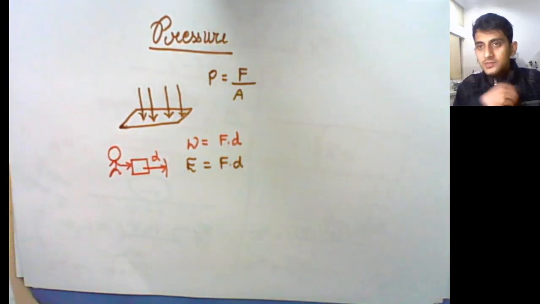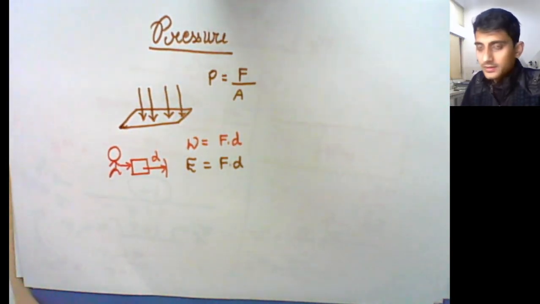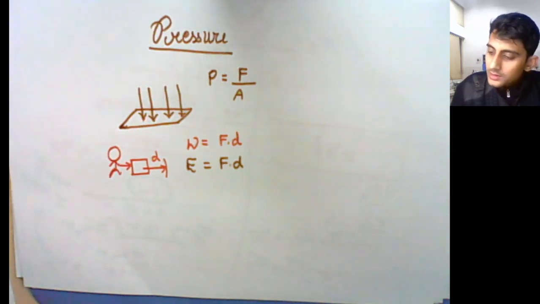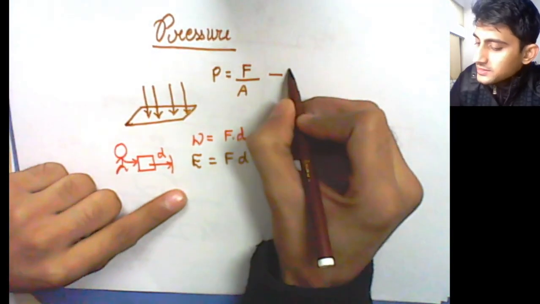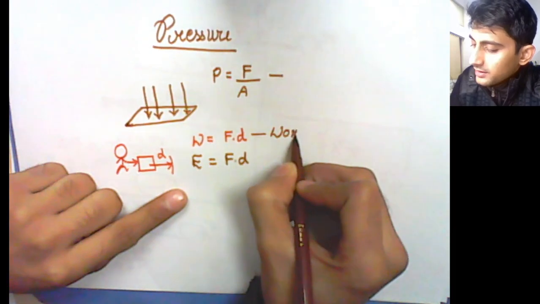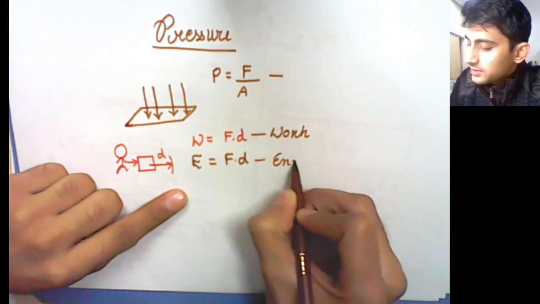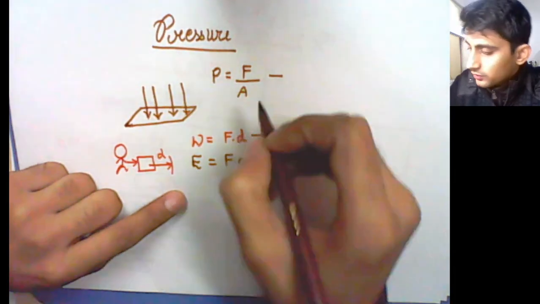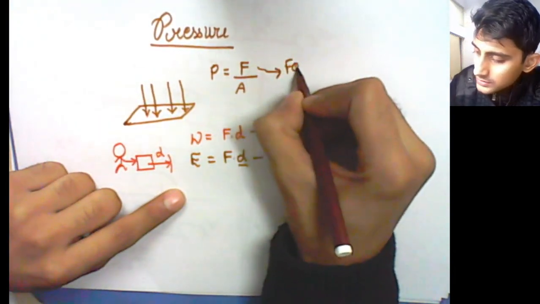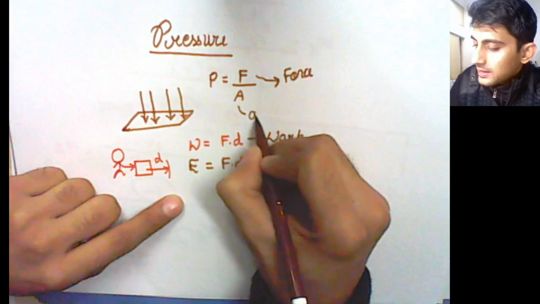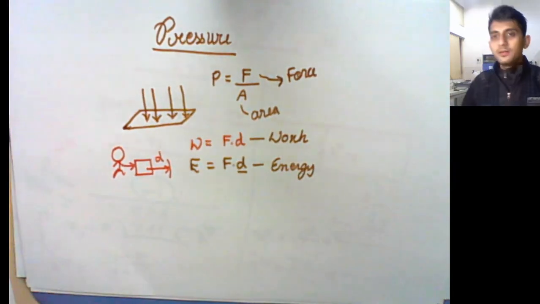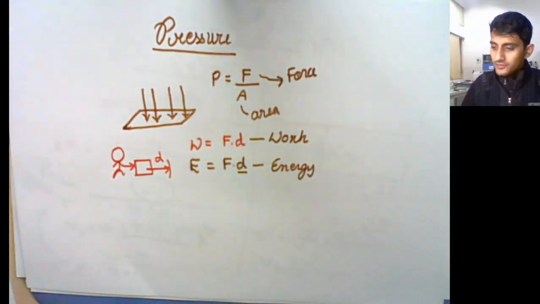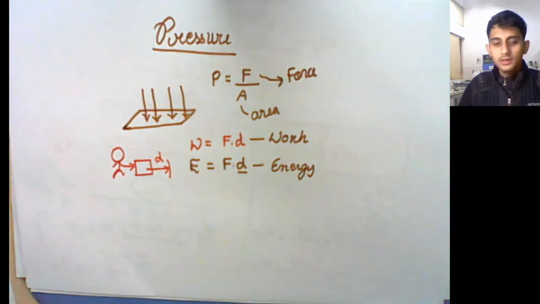The amount of energy spent is equal to the amount of work done. So this is pressure, this is work and this is energy. जहाँ D का मतलब है distance, F का मतलब है force. So here F was force and A is area.